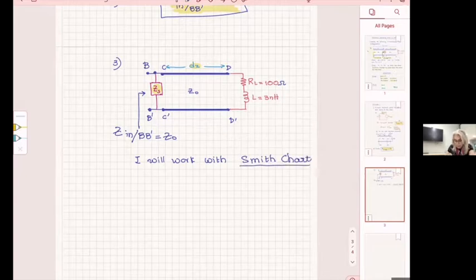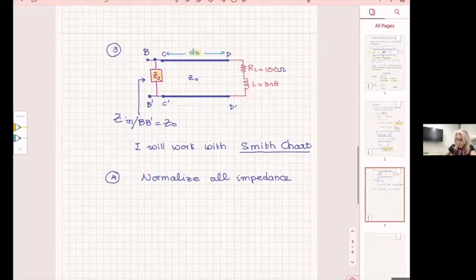Step 4: to work on the Smith chart, what do we need to do? We need to normalize all impedances, and we will start with ZL. But I don't know exactly ZL yet.